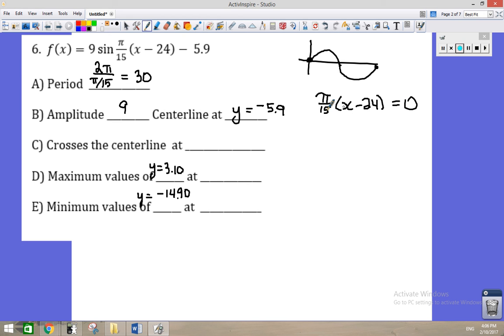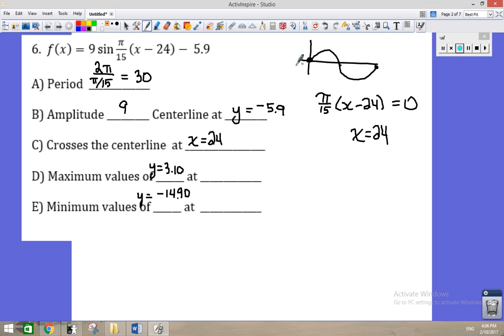Well, that means that 24 minus 24 is 0. I can see by inspection that x is 24. So at x equals 24, if you plug in 24, 24 minus 24 is 0. Pi over 15 times 0 is 0, and the sine of 0 is 0. And the output, negative 5.9, will be at this center line.